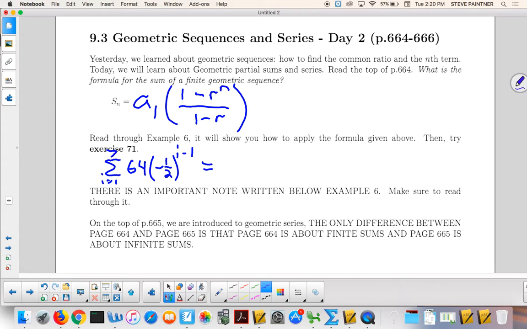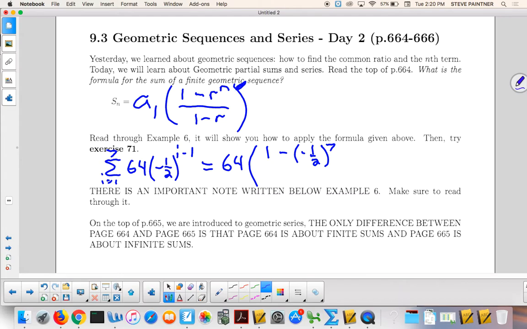And if we use the formula above, we see that our a sub 1 term is 64. And then we do 1 minus r, and our r in this case, our common ratio, is negative 1/2, to the 7 minus 1 power. Or in this case, I guess it's actually just the 7th power.